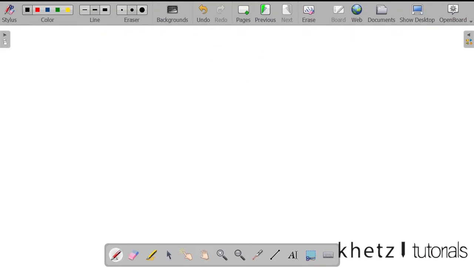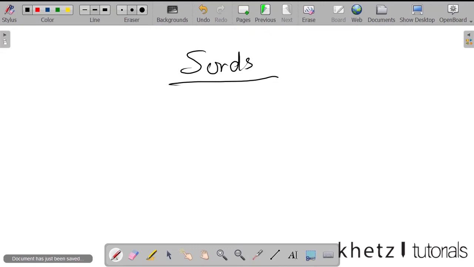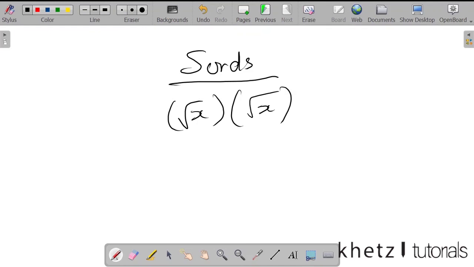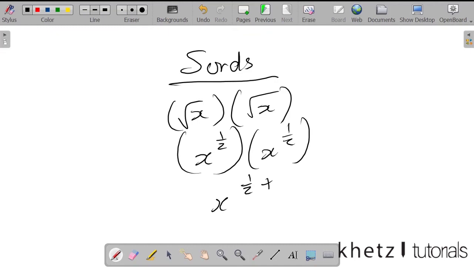We're now going to move on to the last part, which I want to talk about in terms of algebra, which are surds. So basically, when you have the square root of something multiplied by the square root of itself, whatever power it may be, so if it's just a square root, you have x to the power half, and you also have x to the power half, and multiplying these two is the same as just adding the exponents.